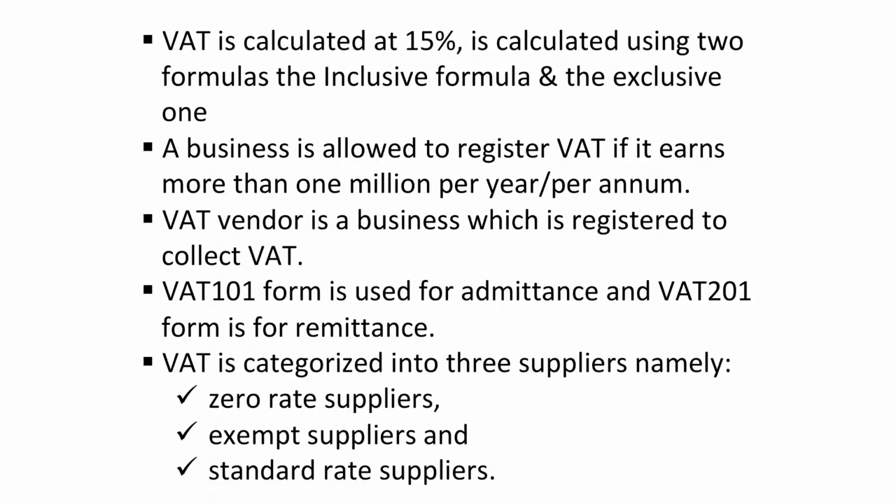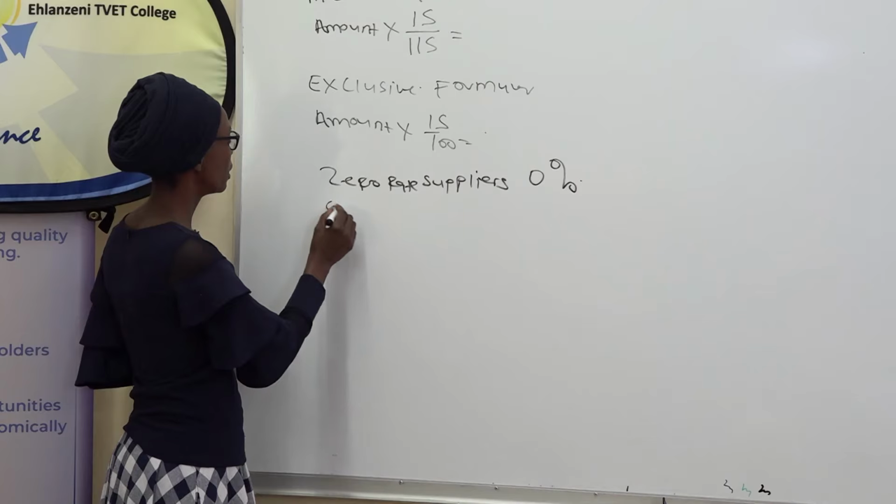Then the value-added tax is categorized into 3 suppliers, namely the zero rate suppliers. The percentage of VAT under zero rate suppliers is 0%. Then the second one are the exempt suppliers.